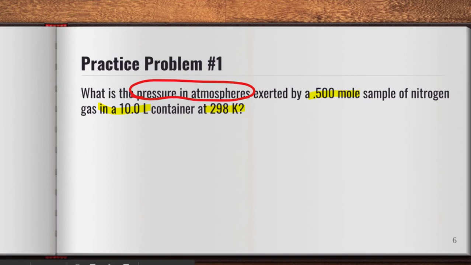Now, one question I get asked a lot is, how do I know the difference between when I'm going to use this and when I'm going to use the other gas laws that we discussed in the previous video, like Boyle's, Charles's, the combined gas law? If you notice in this equation, it doesn't say that anything changes. You're not given two pressures or two volumes or told that something has changed or increased in temperature or anything along those lines. With this, you're essentially given one of each variable.